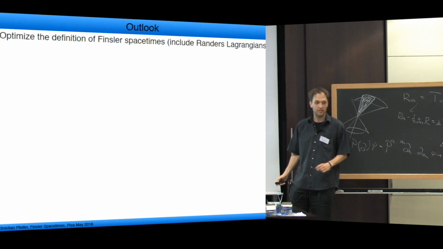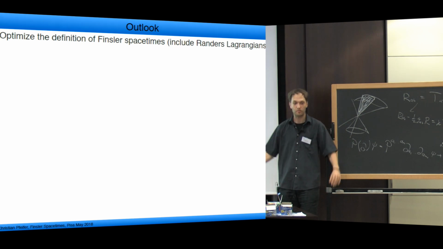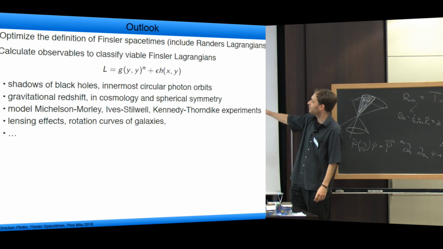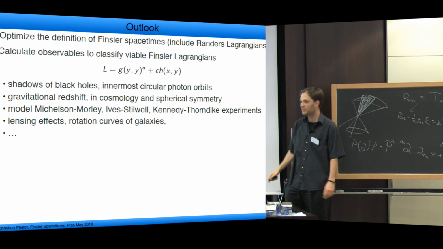It would be very interesting if we can agree on something or not, or classify exactly where the differences are, what the problems are. Then, from the physicist's point of view, we want to calculate observables to find and classify viable Finsler Lagrangians.